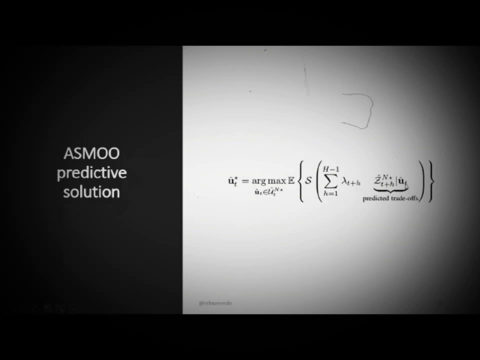Okay, so it's a kind of conditional, what-if simulation that we're doing. And we are averaging this with those lambda factors, lambda indexed by t plus h, which are called the anticipatory factors.